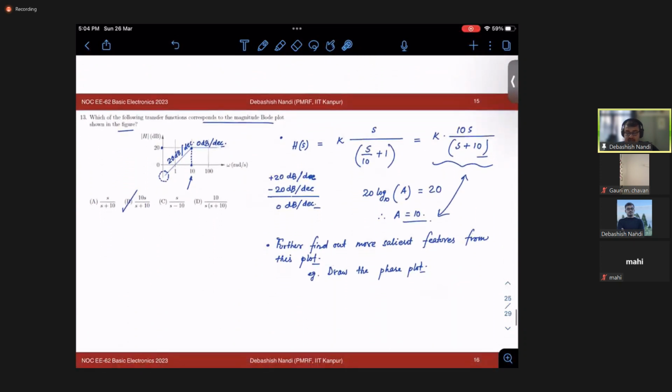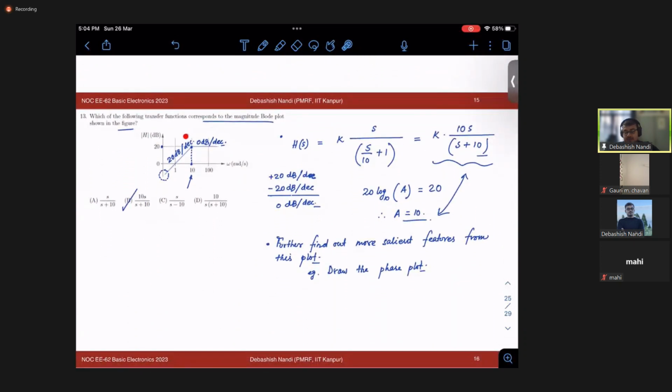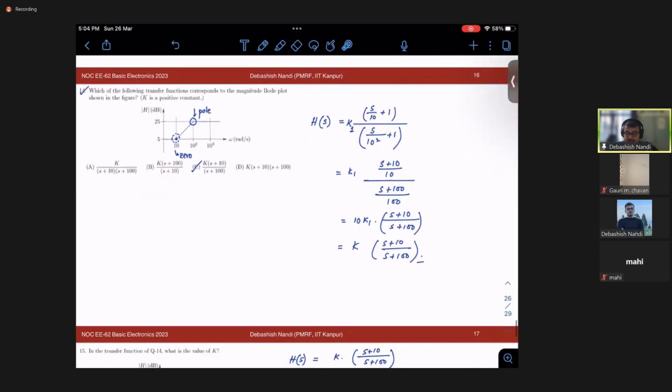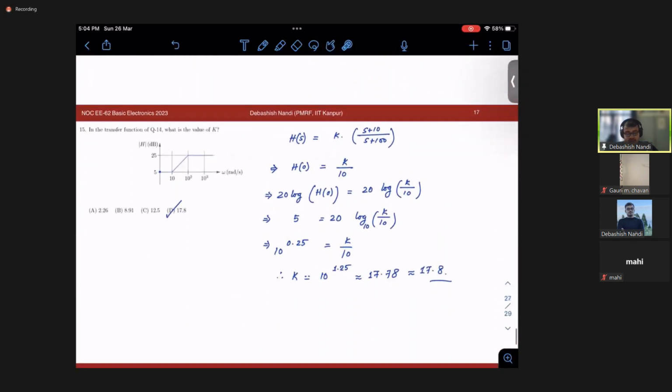So this is how, and then again in the last few problems, some phase plot or magnitude plot was given. We were to guess how the transfer function will look, right? So this problem number 13, you can also relate to problem number 3 or 4. That was the circuit representation of the same thing. And again 14 was the same, 15 was also the same.